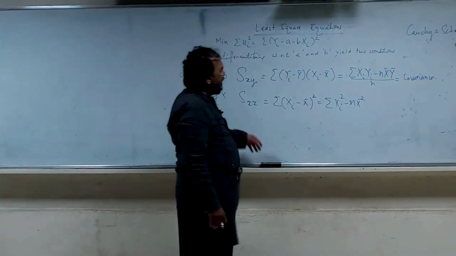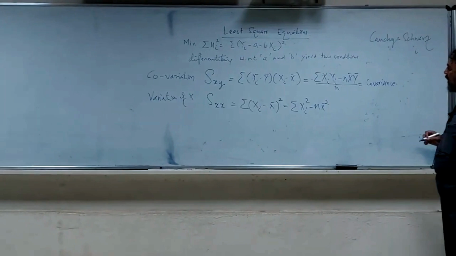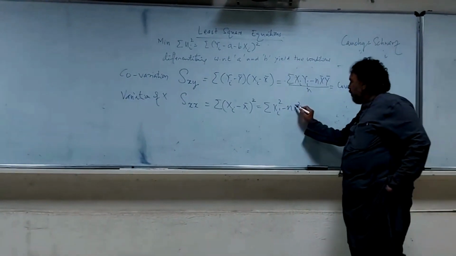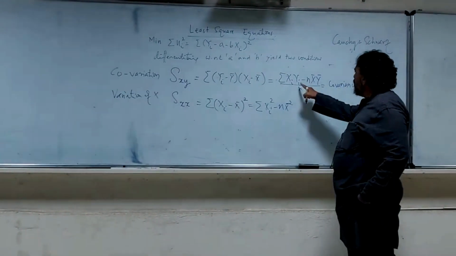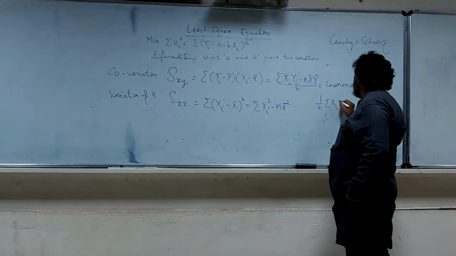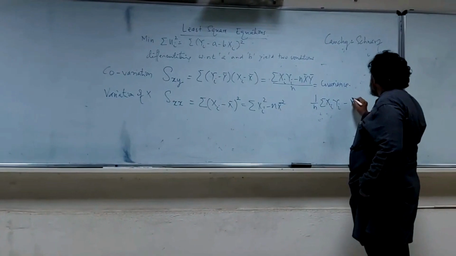So in a way, dividing by n is redundant. The only advantage with the covariance and variance is, now notice this again, a similar kind of transposition of terms occurs. If we divide it by n, you get 1 over n into summation xi yi, and then this n will disappear, and what we get is x bar y bar.